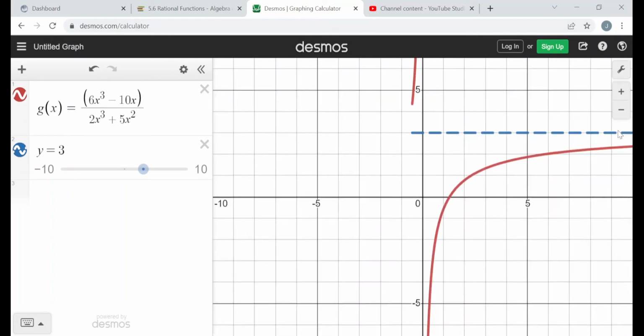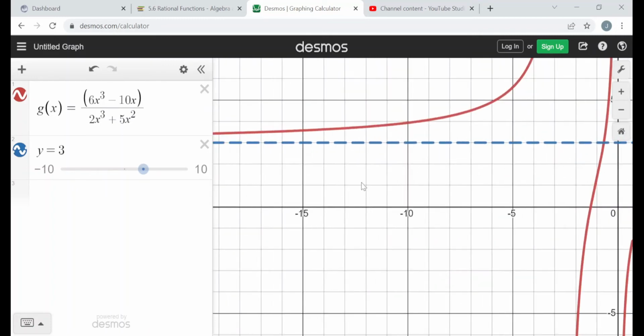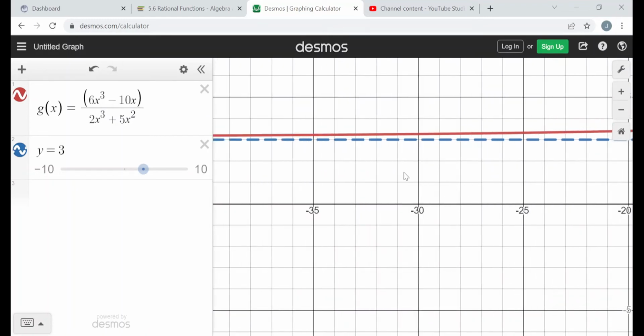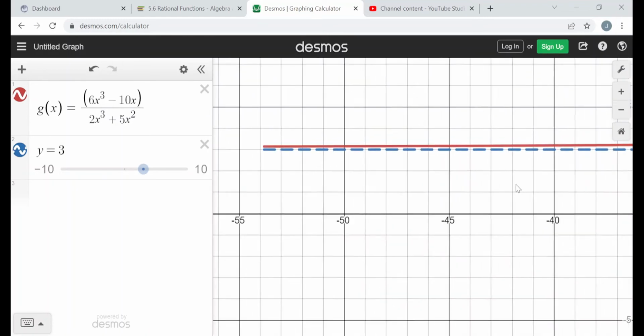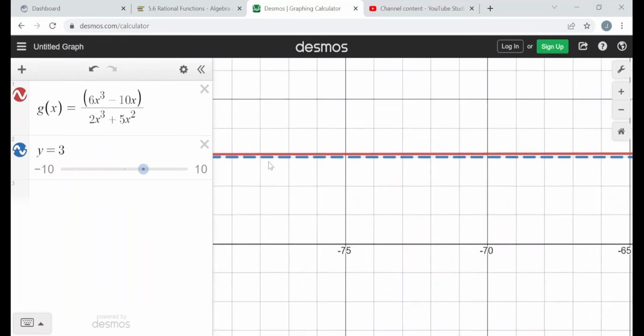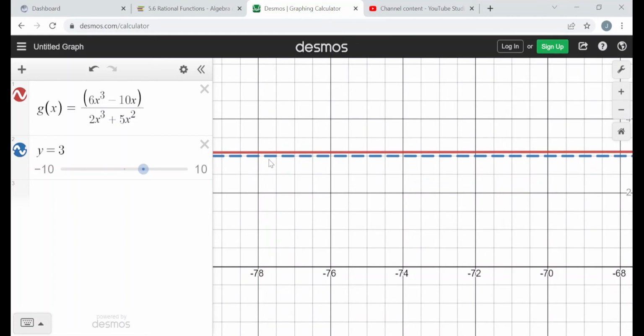All right, same thing to the left end. As you approach negative infinity, see how the red graph is approaching the blue dotted line. The graph is getting closer and closer to y equals 3 without actually touching it, though it doesn't look like it. Now it can touch, but it can fluctuate around as long as it's getting closer and closer to it.